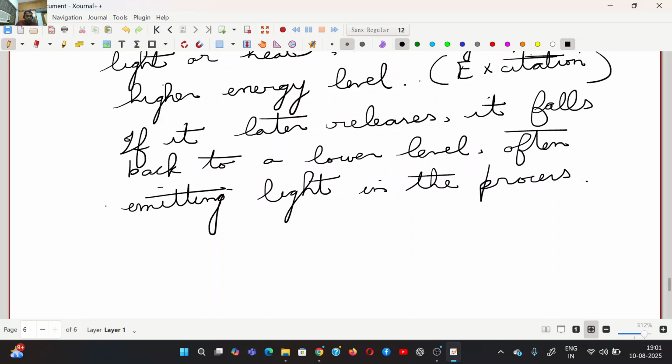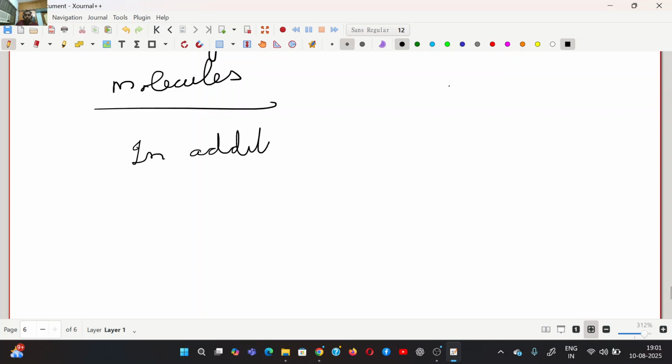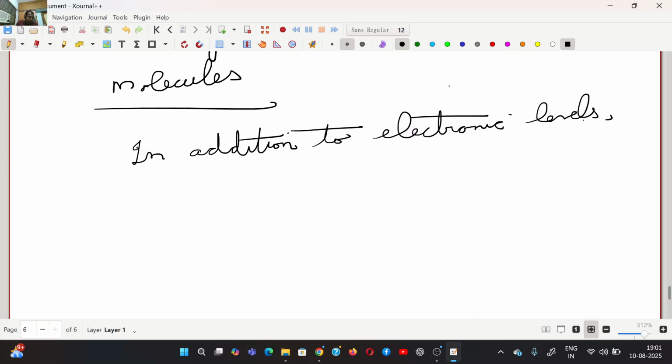So let's come to molecules now. In case of molecules, in addition to electronic levels, because molecules are also comprised of atoms, they will obviously have some electronic energy level also. So in addition to electronic levels, these molecules exhibit two other types of energies.